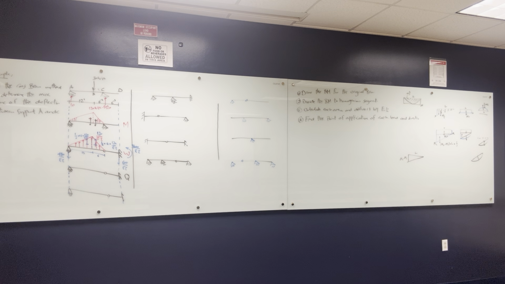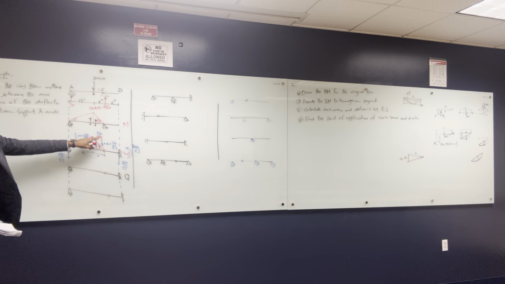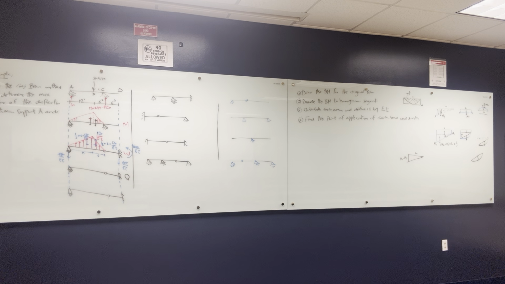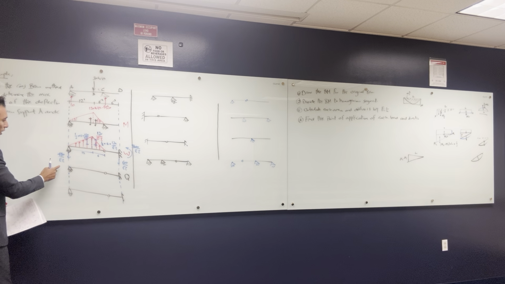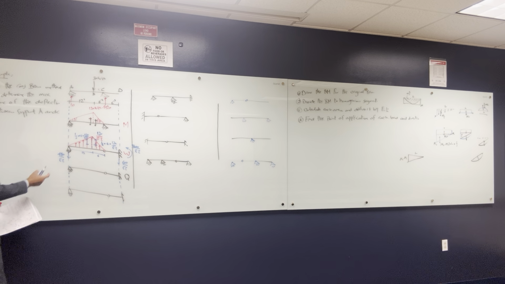Solving this problem, you solve it like any static problem, applying the 3 equations that you know: sum Fy, sum Fx. Sum Fx is not needed because there are no x reactions. And take sum of the moment about any support. And the intermediate hinge, you can use it to take sum of the moment on the left or sum of the moment at the right, okay? So if you take summation Fy, you will find 480 and 600 is gonna give you 1080 over EI.